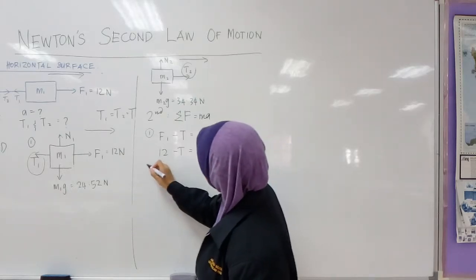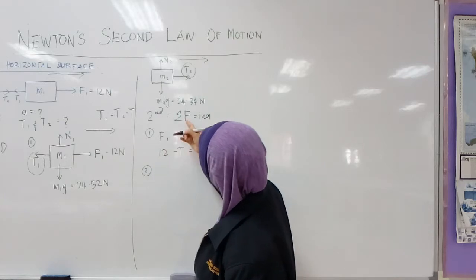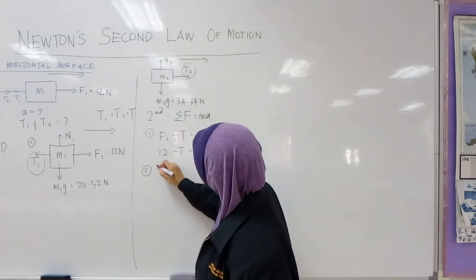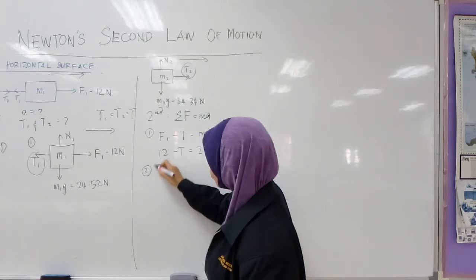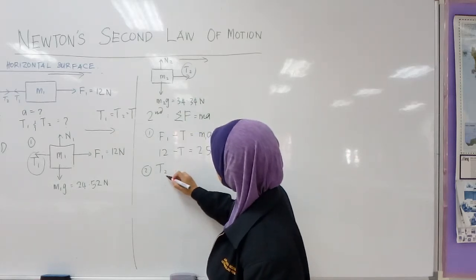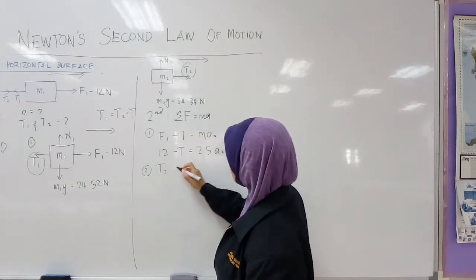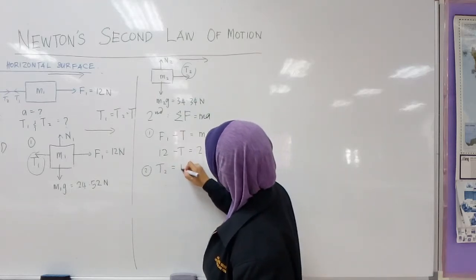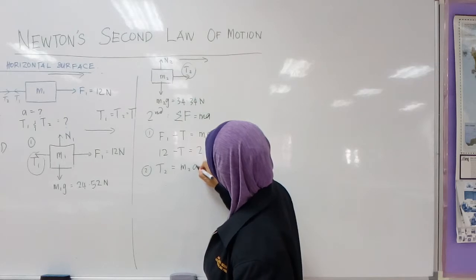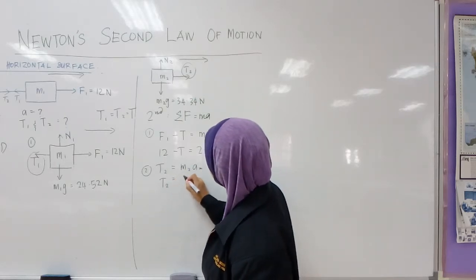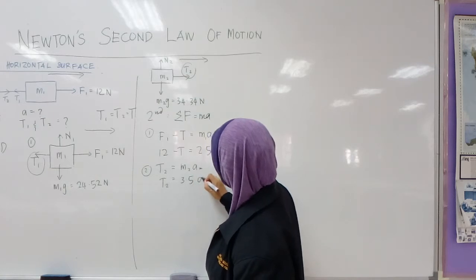And then for object 2, when you apply Newton's second law of motion, you will get T2, which is the only force that acts on the object along the x-axis in the direction of motion, equal to M2 ax. So T2 will be 3.5 ax.